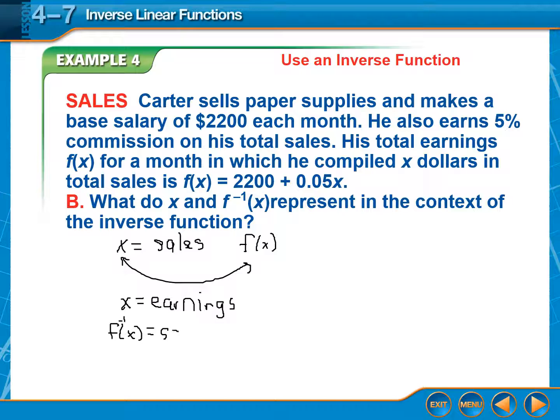So all it does, the inverse just switches the location of the quantities that we're looking at. So originally x was sales and f of x was his earnings. Right? In the inverse function, x becomes the earnings and f of x becomes the sales.